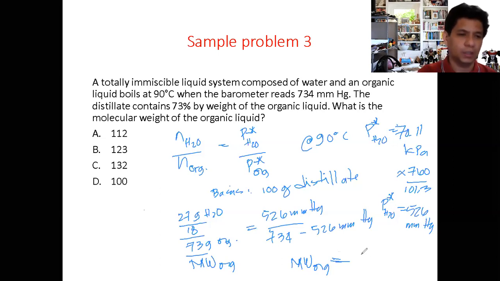The molar mass of the organic is 120. So that would be letter D.